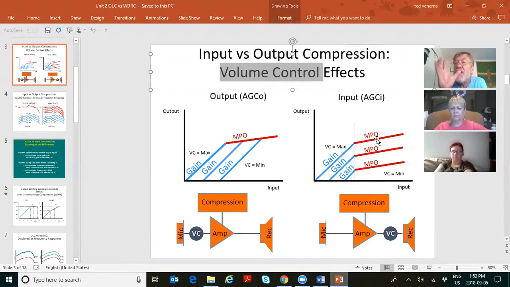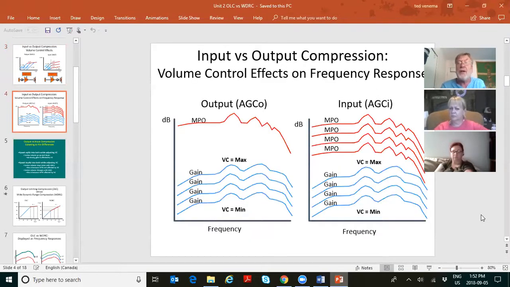They changed together. And if you look at this in terms of a frequency response, on ANSI testing, let's say, output compression, here would be your MPO, your maximum power output. And as you adjusted the volume with output compression, you changed the gain. But with input compression, as you increased the gain, you also increased the MPO.